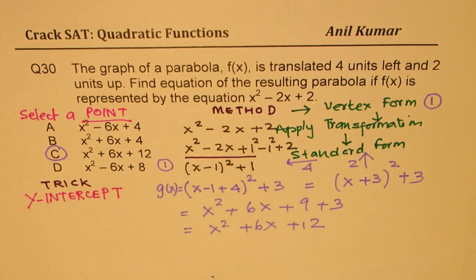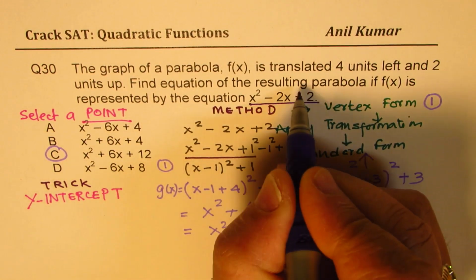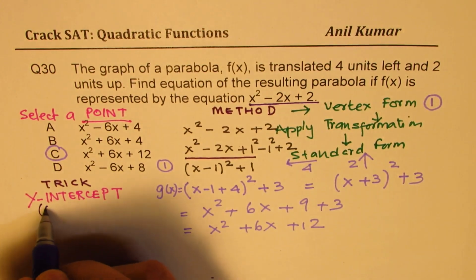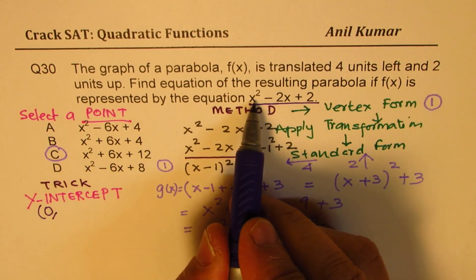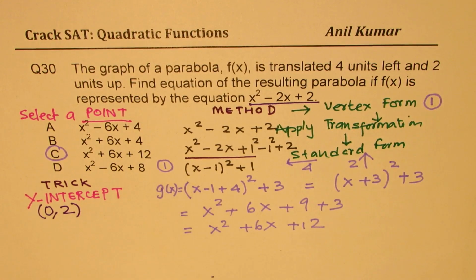Why so? The y-intercept is very interesting because at this point x is 0. So on the very function we are talking about, which is x squared minus 2x plus 2, if I write the x value as 0, you can clearly see the constant 2 becomes the y value.